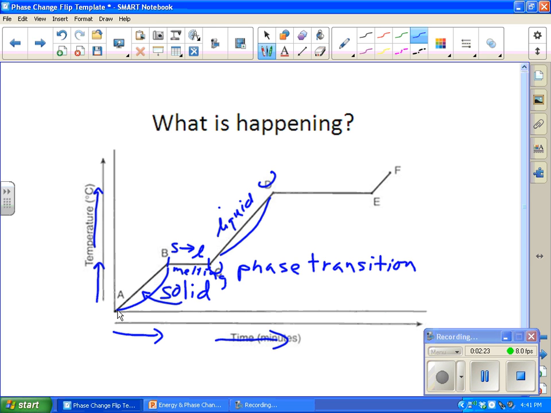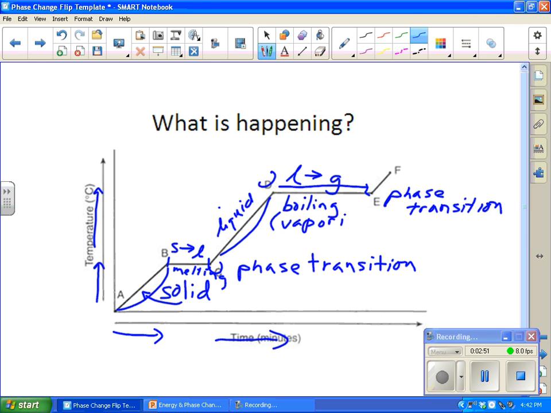In the region between D and E, no temperature change is occurring. Again, this is another phase transition, or change of state, of this substance. Here we have a liquid changing into a gas. We call this boiling. Another term for this is vaporization.